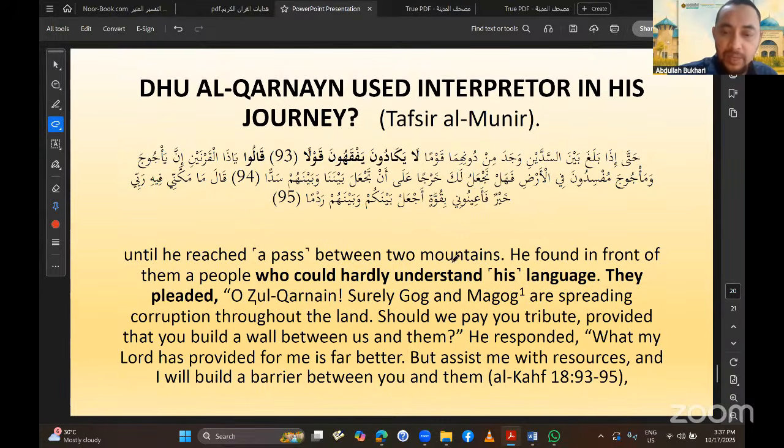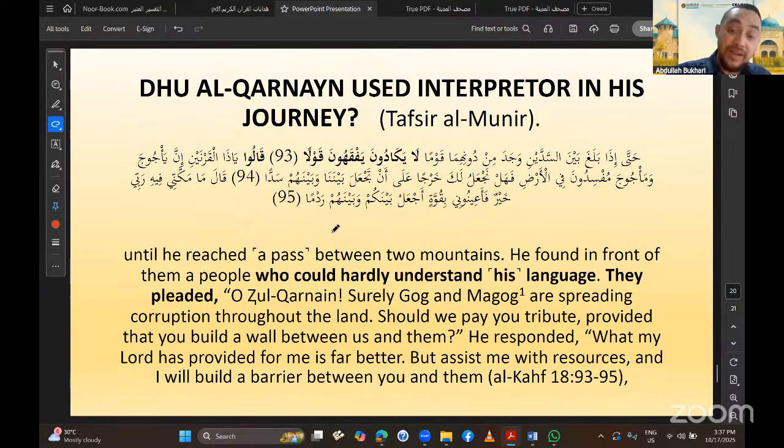You go for the meaning. They pleaded to Dhul Qarnayn, Oh Dhul Qarnayn, surely Gog and Magog are spreading corruption throughout the land. Should we pay you some tribute, provided that you build a wall between us and them?